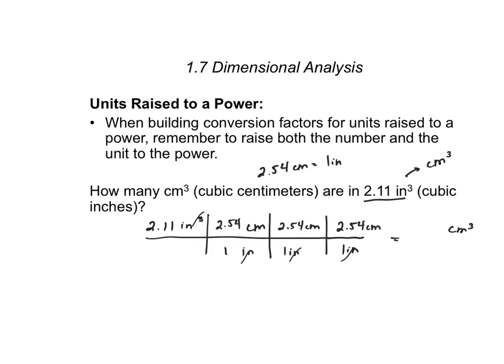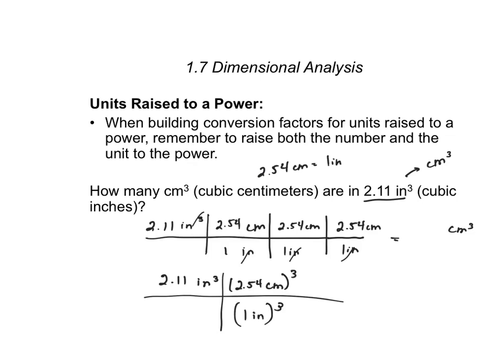How else could I represent doing this conversion 3 different times? So another way I could write this is 2.11 inches cubed, and when I put my conversion factor in, I could say 2.54 centimeters for every 1 inch, but I could also just cube it directly, right?